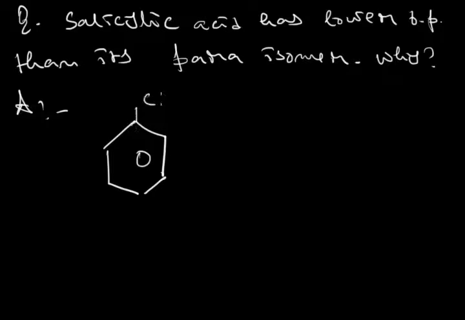In 2-hydroxy benzoic acid, two polar groups, that is COOH and OH group, are in close approximation. Negative charge is developed over double bonded oxygen and hydrogen contains positive charge, so attraction between O and H takes place.